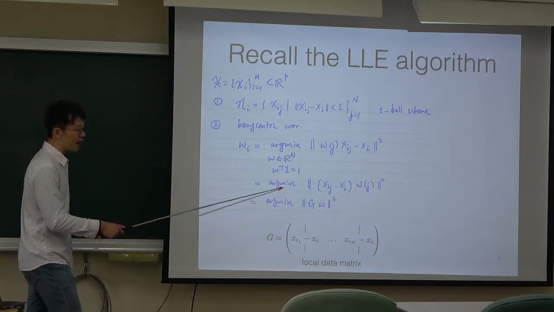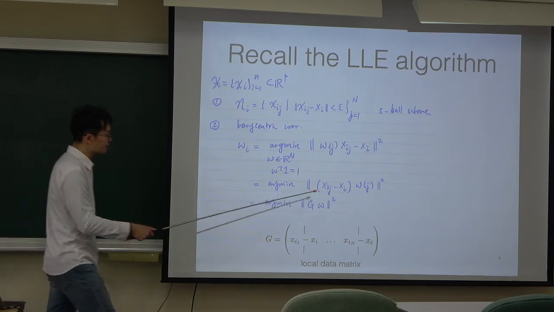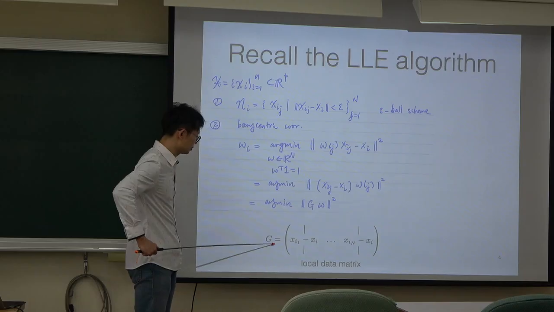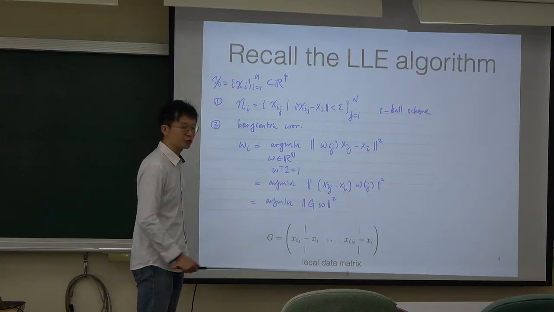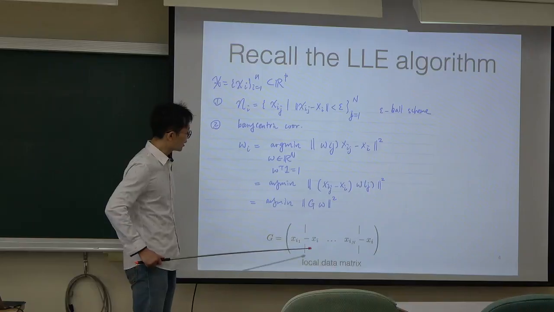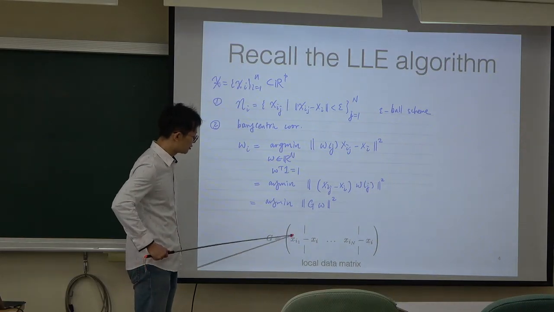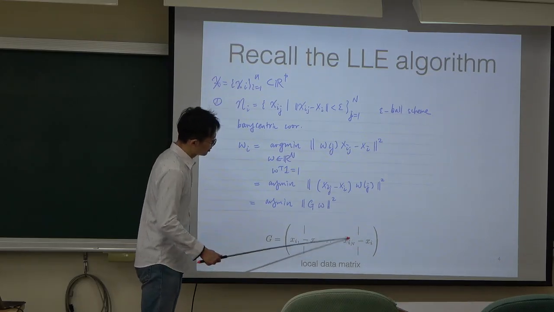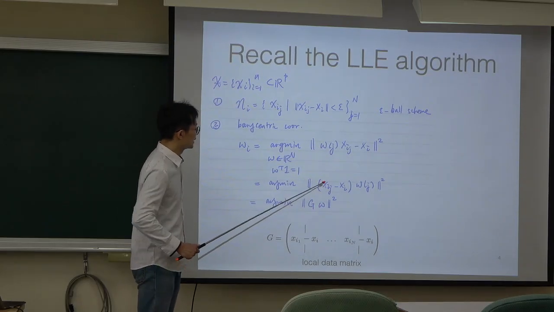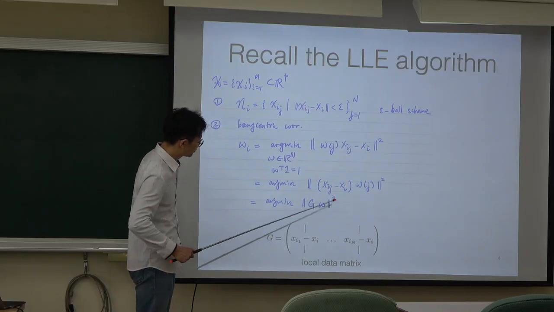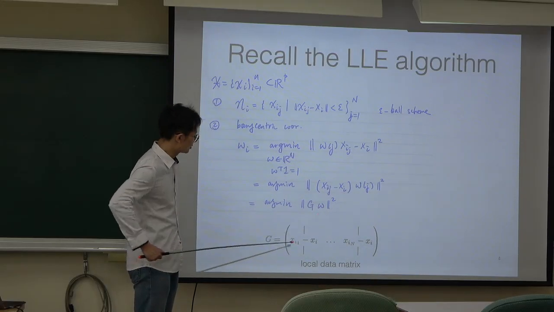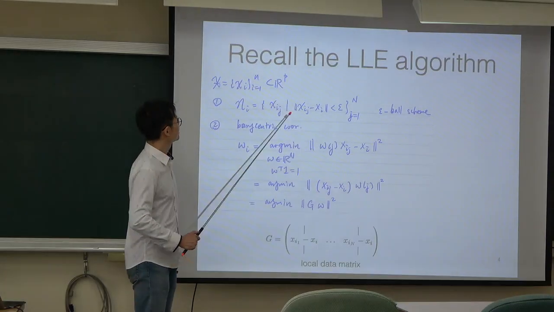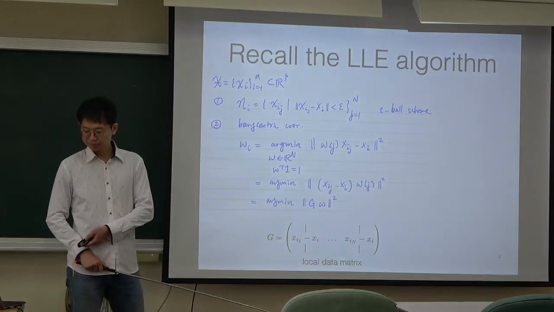And when you do the argmin here, you can rewrite this as G times W, where G is the local data matrix. You have all the neighboring points compared with xi, and you try to find some weight W so that G W is as close as possible to 0. That is what you are doing in the barycentric coordinate.